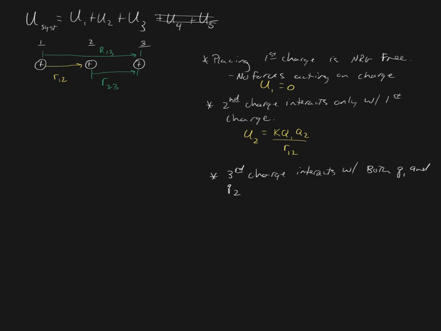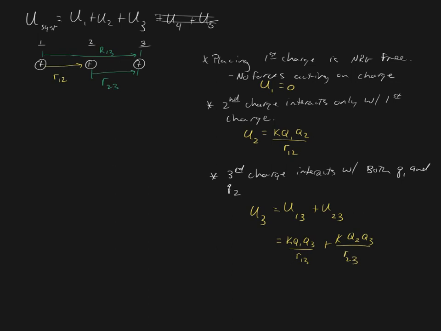So U3 becomes U of the first charge acting on 3 plus the U of the second charge acting on 3, which is going to be K Q1 Q3 over R13 plus K Q2 Q3 over R23.